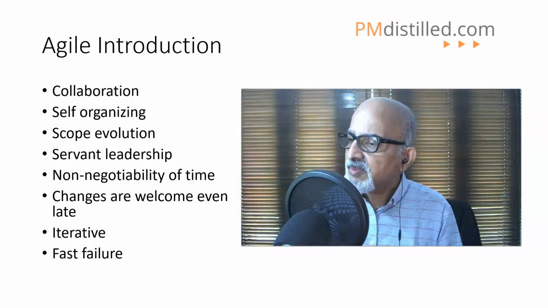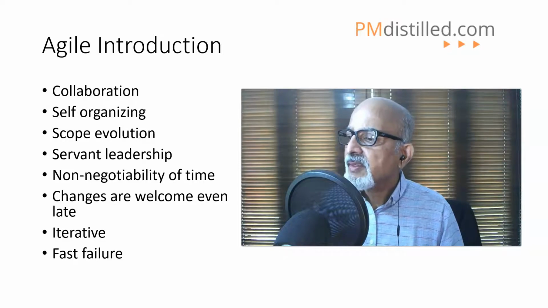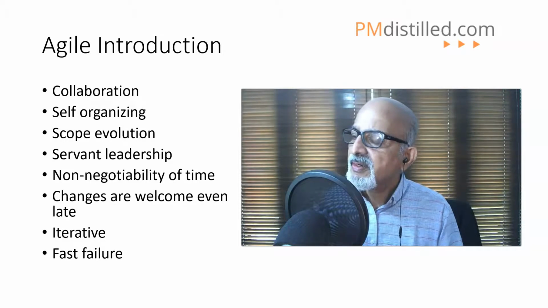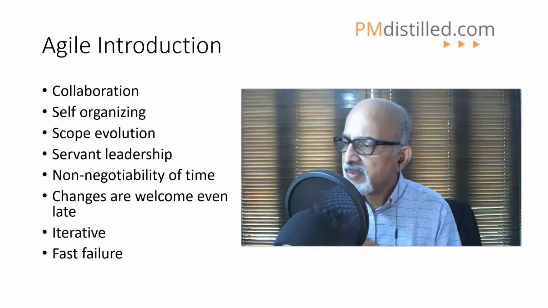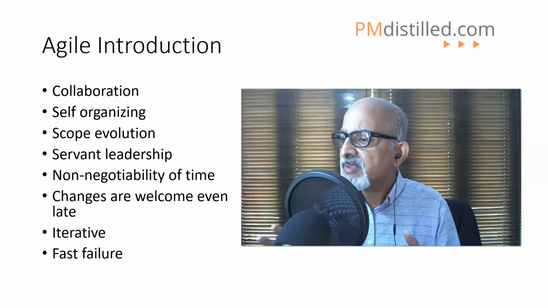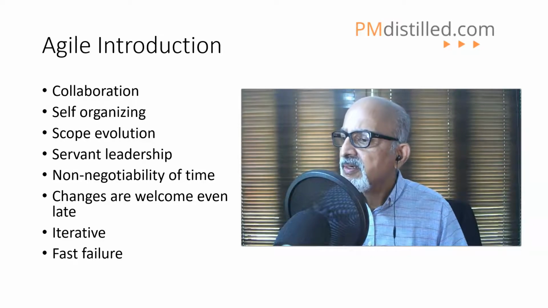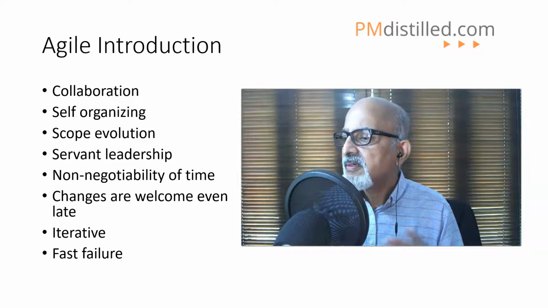And there is a development team, which is a cross-functional team comprising architects, engineers, maybe QA people. So this is a team of people with some core competence who are really required to convert the requirements into the increment of the product.